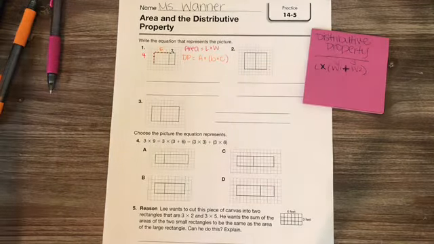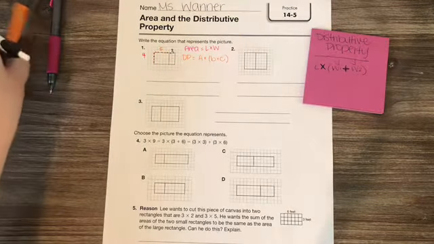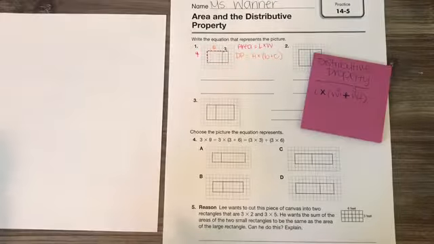So now I'm going to write this as my distributive property I'm going to solve. And now I'm going to use a scratch piece of paper because I feel like I need a little bit more room to work. So I'm going to use the formula for distributive property, which is the length times the first width plus the multiplication of the length times the second width.